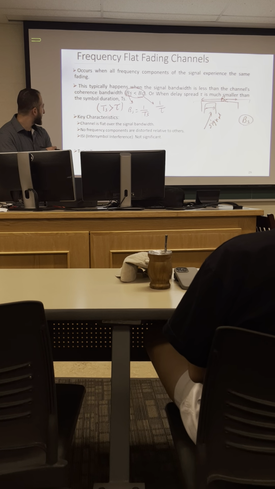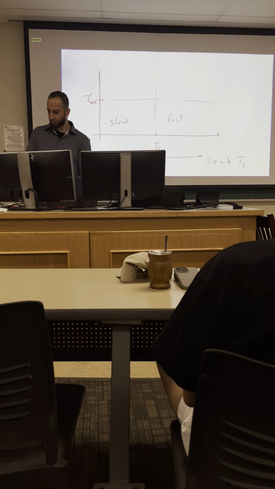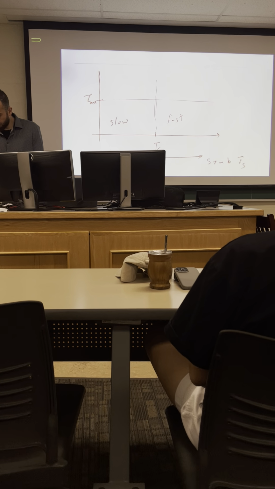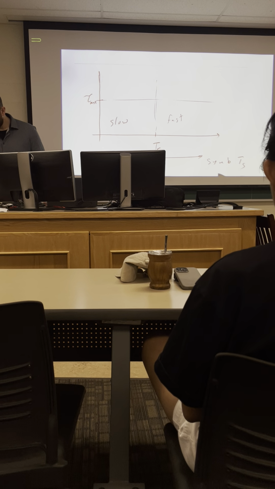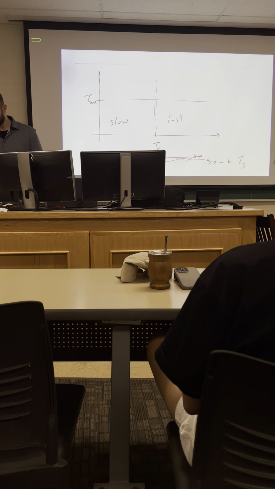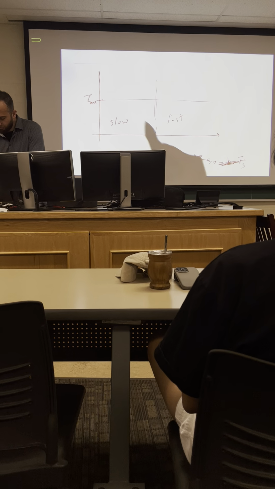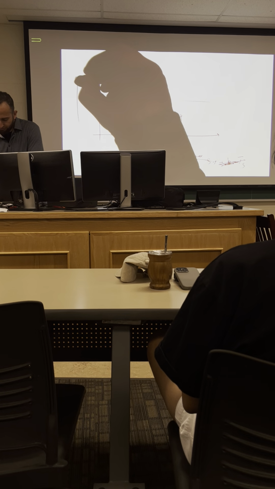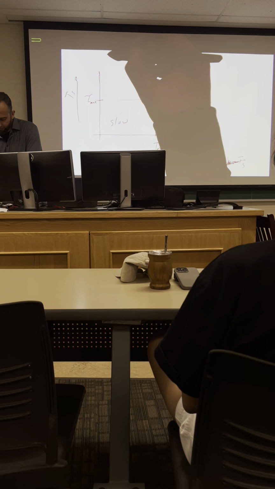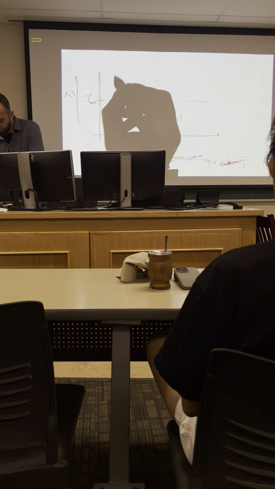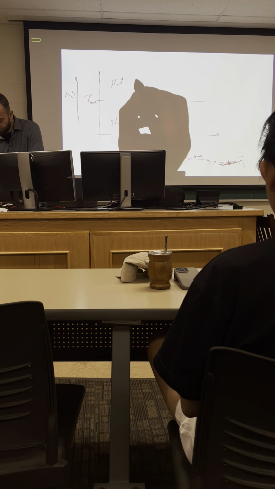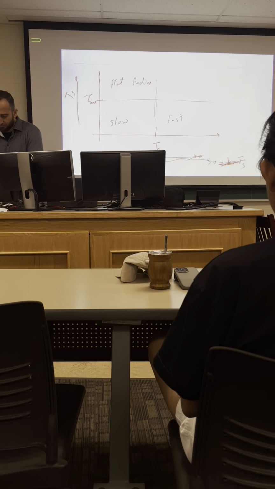So returning back here, this is supposed to be TS, okay, guys? If we have a TS greater than tau, in this case I have flat fading, right?